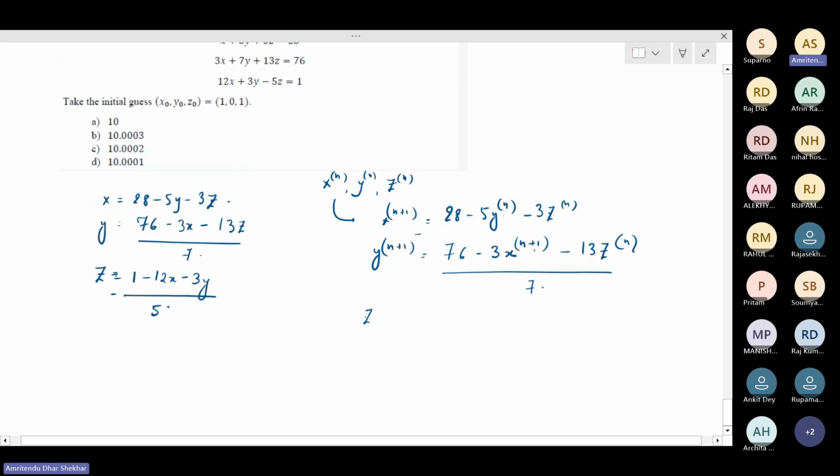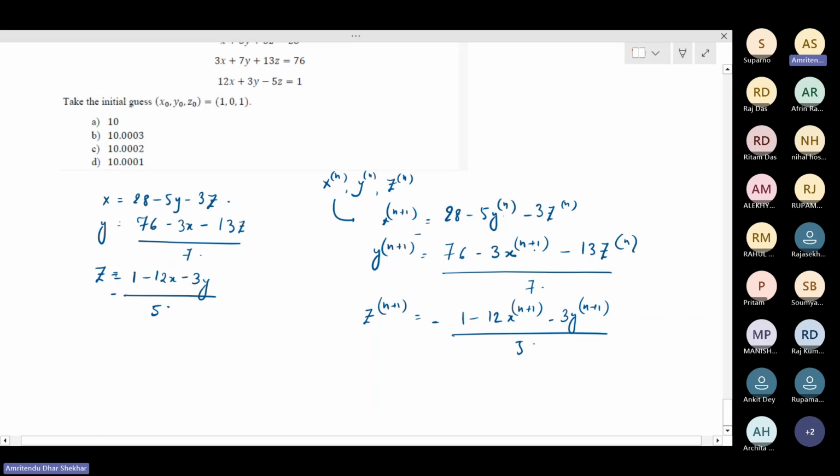And zn+1 is equal to minus 1 minus 12xn+1 minus 3yn+1 by 5.